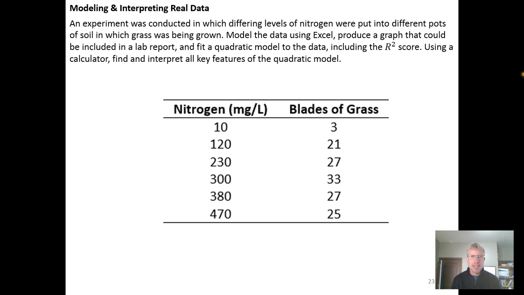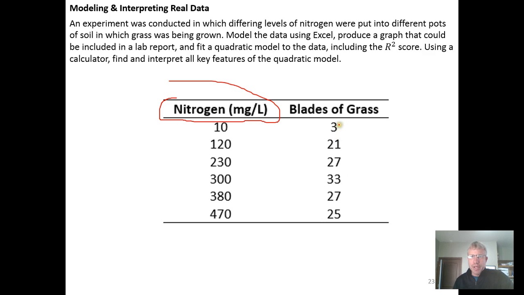Here we have a data set that has as its inputs nitrogen fertilizer measured in milligrams per liter. This is measuring the milligrams of nitrogen that are being added per liter of soil, so it's a measurement per unit volume. Adding nitrogen to the soil is possibly causing a change in grass growth rate.